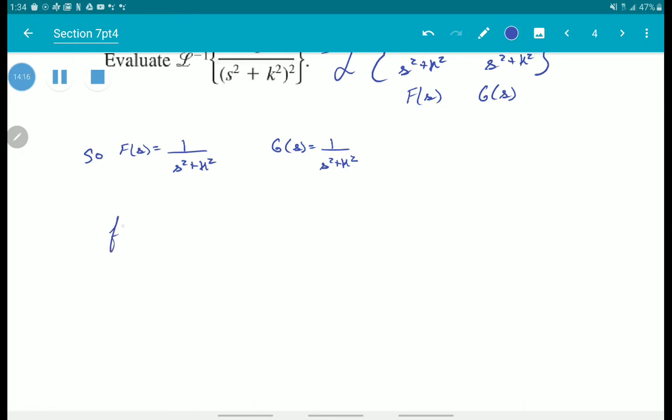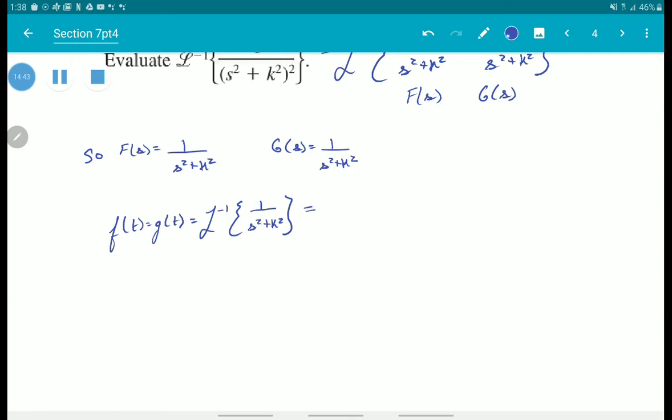So then our f function for this example and our g function are going to end up being the same. So to find f of g, we really have to take the inverse Laplace of 1 over s squared plus k squared.